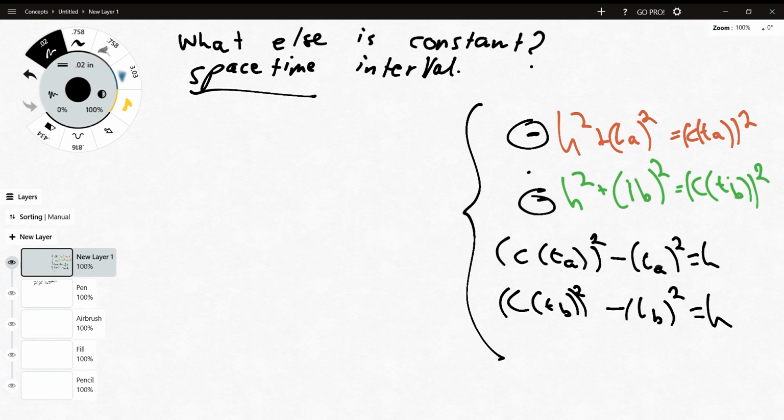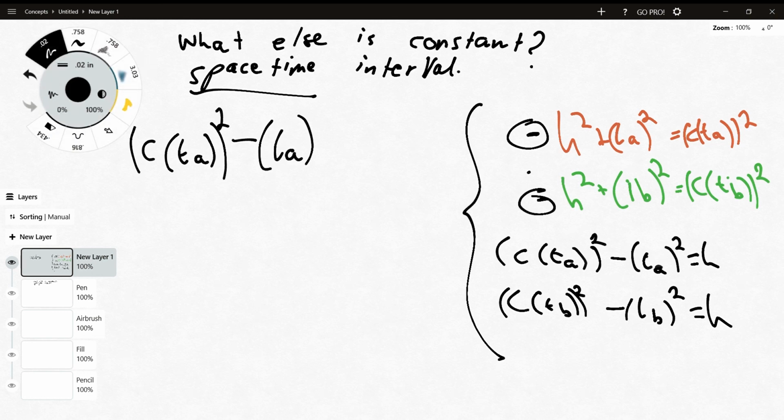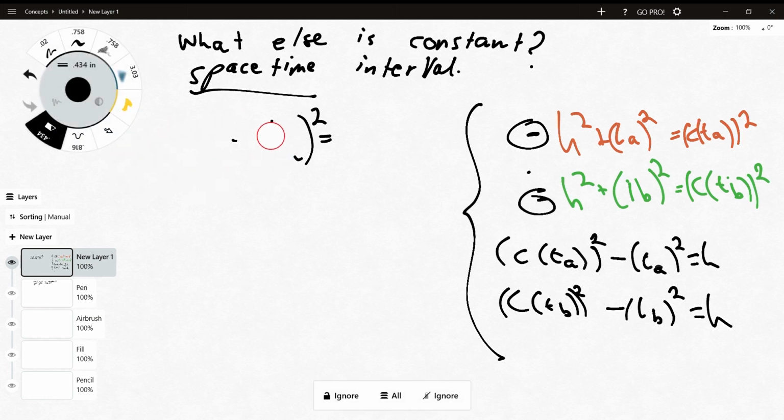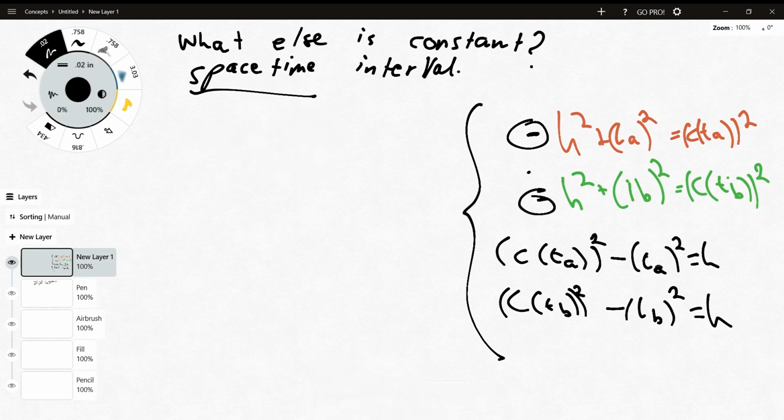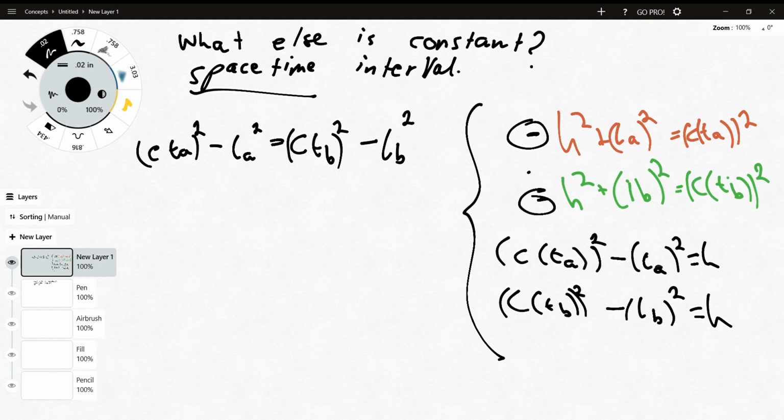Now what we do is we take these two and make them equal each other. (c TA) squared minus LA squared equals (c TB) squared minus the length traveled by B squared. I'll redraw it without the brackets just to keep things neat.